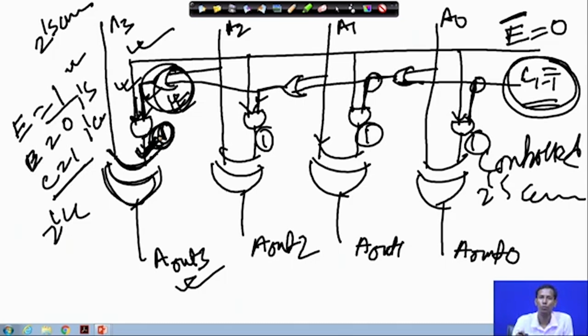Whenever I have to implement a 1's complement, at that time I need to change something so that it can work as a 1's complement, but this is a controlled 2's complement circuit.